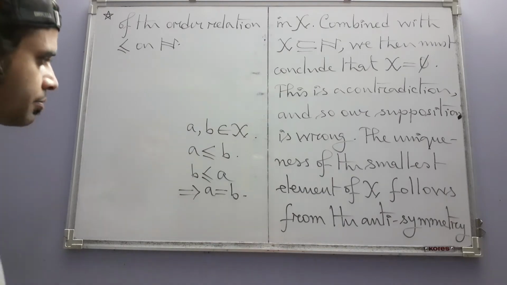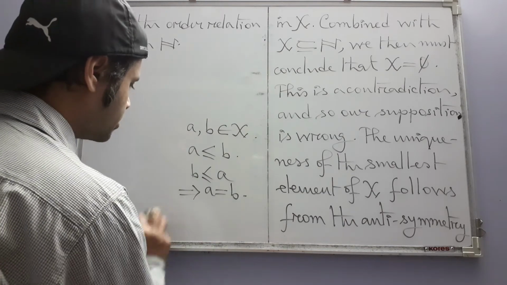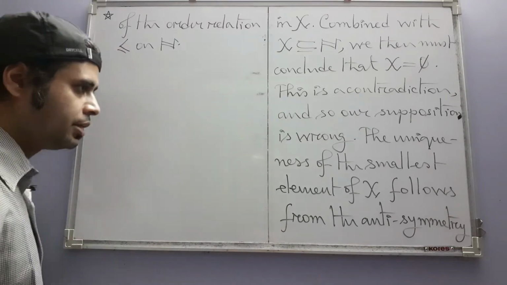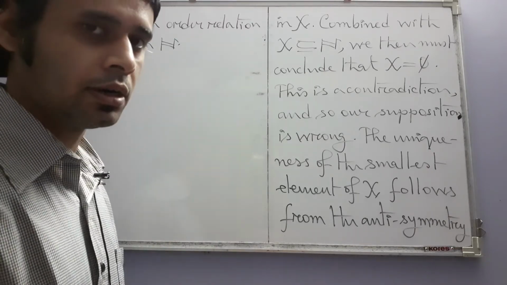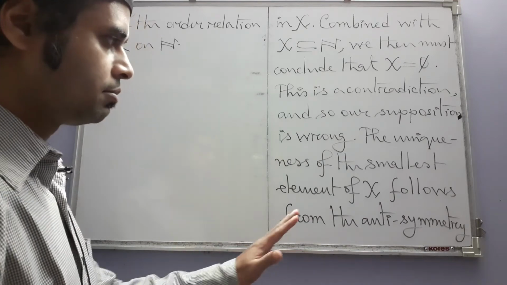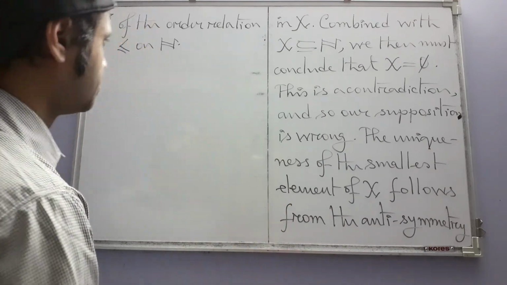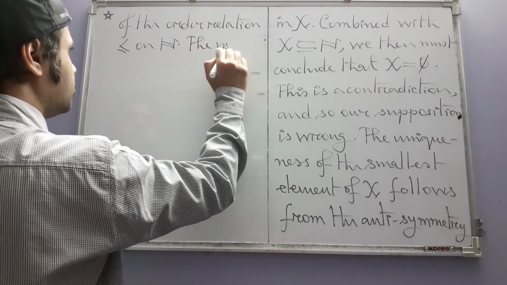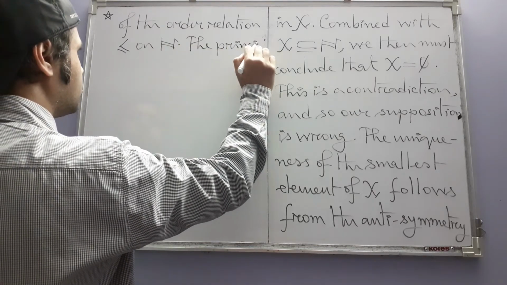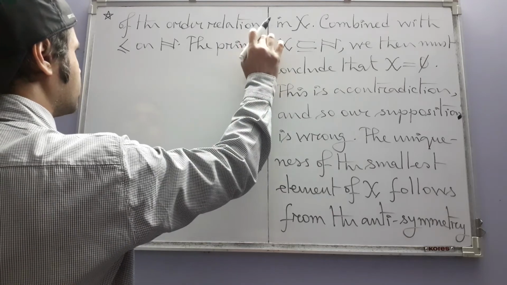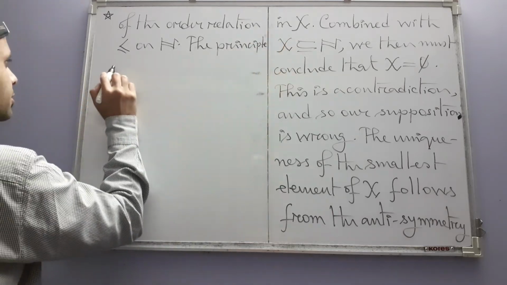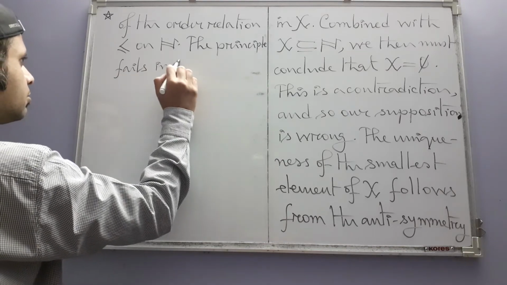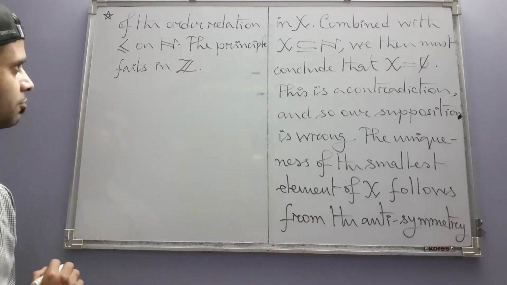And now the final part of the solution. What happens if we have the set of integers in place of the set of natural numbers? Then the well-ordering principle fails in the system of integers.